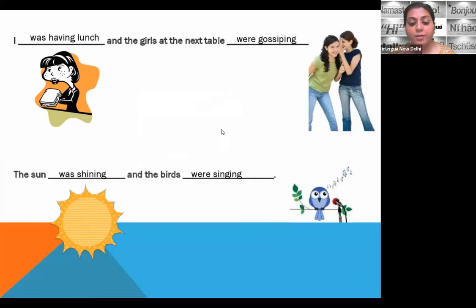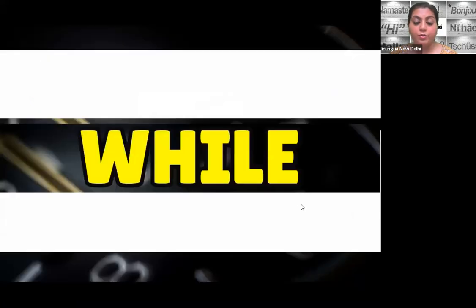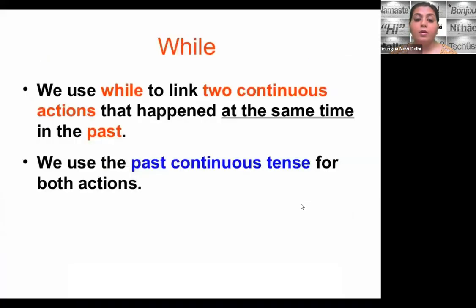Let me proceed to the next thing, which we already heard, the word while. But how to use this word correctly? We must learn that. We use the word while to link, to join two continuous actions that happened at the same time in the past.